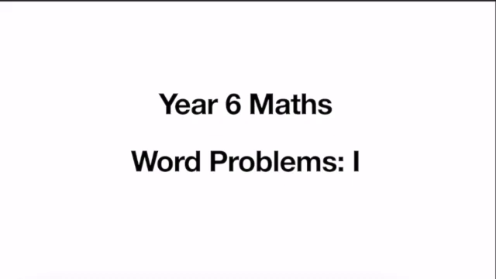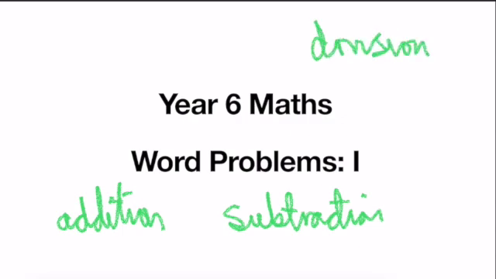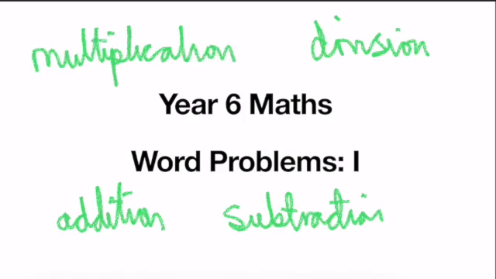So when I'm talking about operations, I'm talking about addition, subtraction, division, and multiplication. So those are the four operations, and the symbols to go with each one are those.